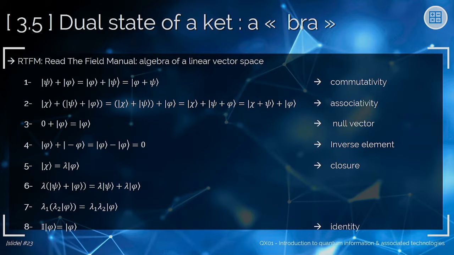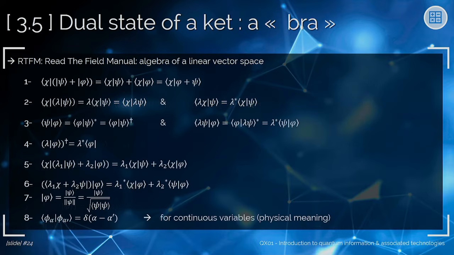Closure means that if I take any ket and multiply it by any number, I end up with another ket, with a different norm, but it's also a ket. I have distributivity as well. If I have constant times vector, then I have the product of the constants times the vector. And of course, I have the identity operator: this operator, or this matrix, times my ket gives me my ket again.